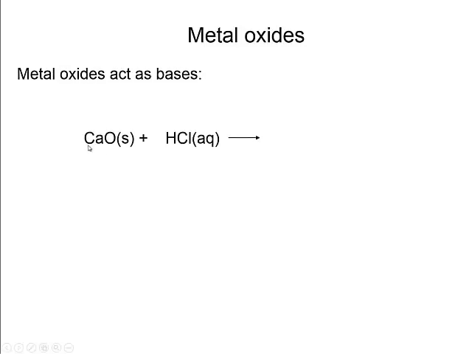So I'm taking the metal oxide, calcium oxide, this is essentially marble, and reacting it with the strong acid HCl. And as you know, acid plus base forms salt and water. The salt that forms would be the metal and the nonmetal, calcium chloride, and water.